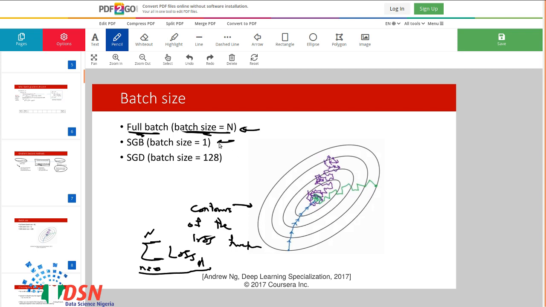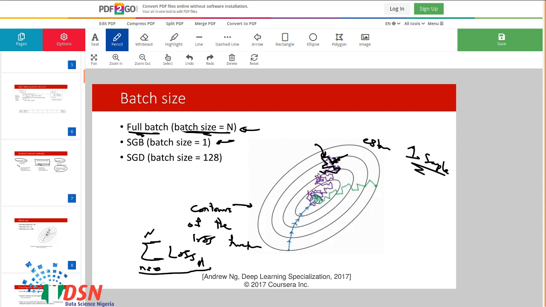But if you use stochastic gradient descent, or mini batch gradient descent with batch size equal to 1, you have something like this, because in each iteration you estimate the gradient with just one sample, so you don't have a very good estimate of the gradient.